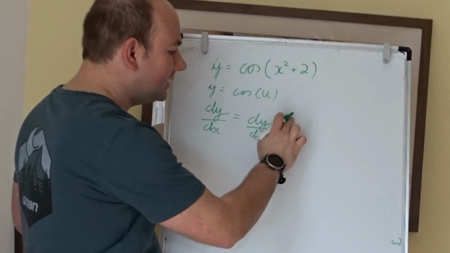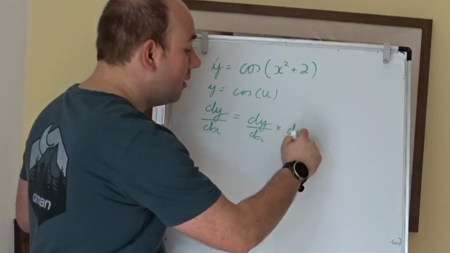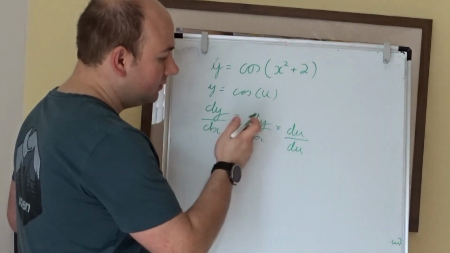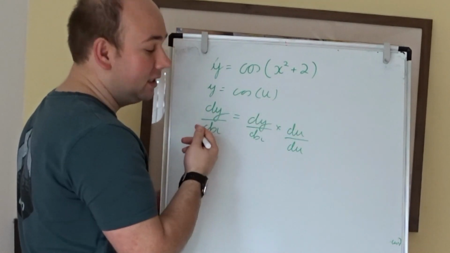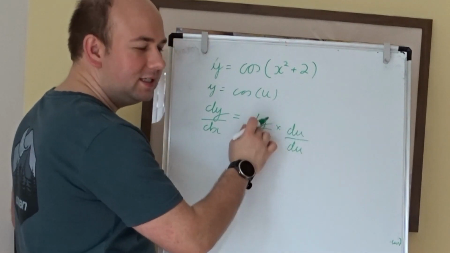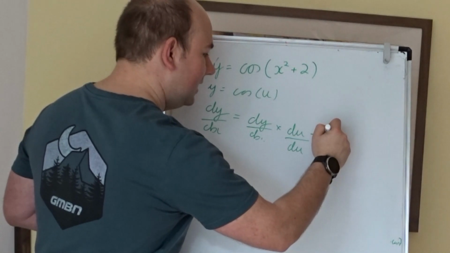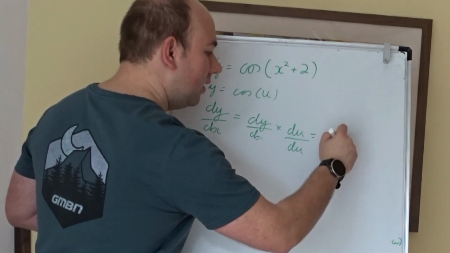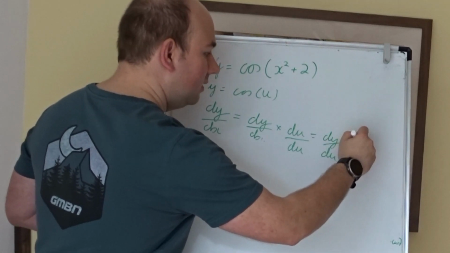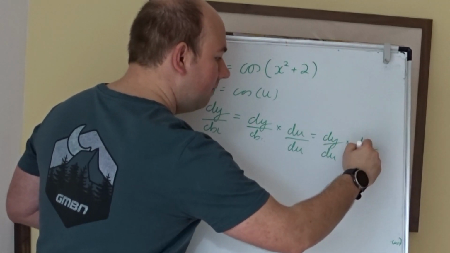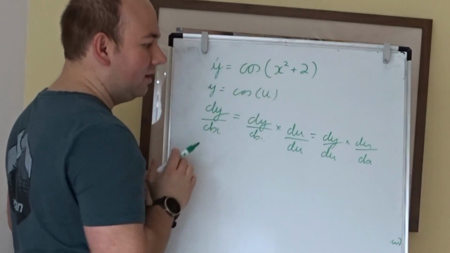So if we now replace this 1 with something that would be equal to 1, sort of du by du, this is still the same because du by du is equal to 1, so we're still getting the dy by dx. And because this is now multiplication, we can change the order. So this can be written as dy by du multiplied by du by dx, and this is the chain rule.